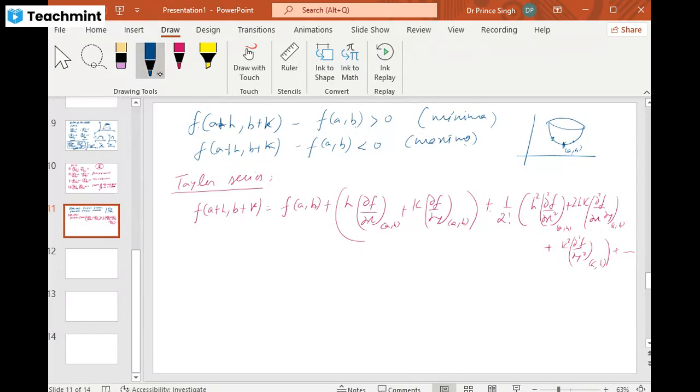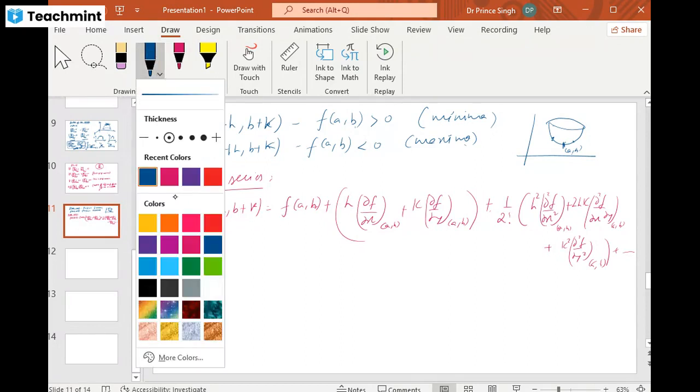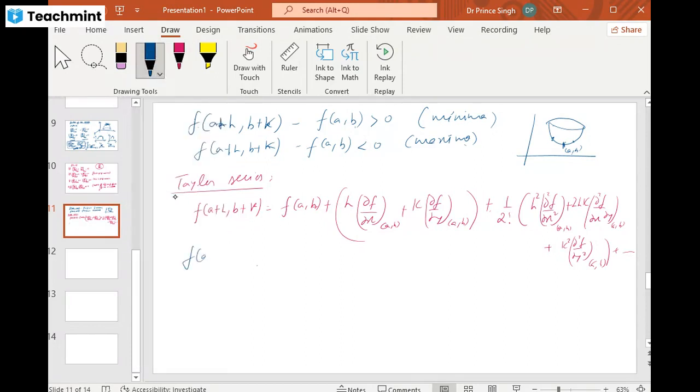Okay, so if I'm assuming h and k to be very small numbers, then we are neglecting the higher terms, because h and k are very close, very small numbers. So this is equal to h times ∂f/∂x at the point (a,b) plus k times ∂f/∂y at the point (a,b), neglecting the higher power terms.